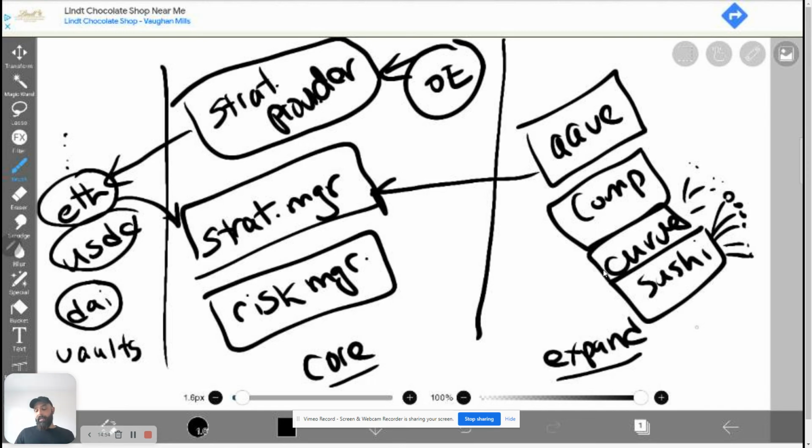The idea is we keep expanding these, and our protocol keeps growing in scope, while the optimization engine monitors these pools for volatility, for APYs, et cetera, and recommends the best strategy to be in.